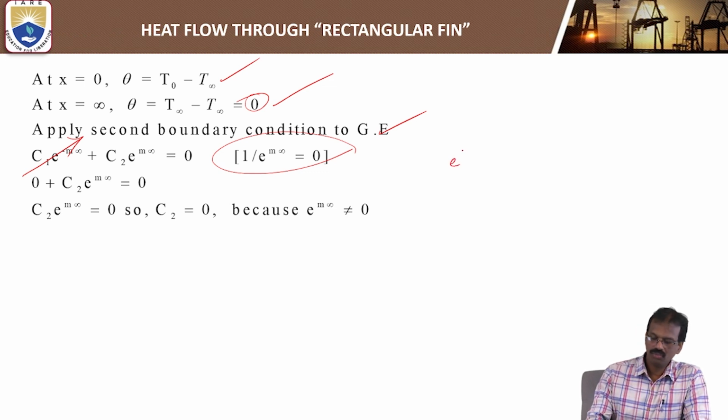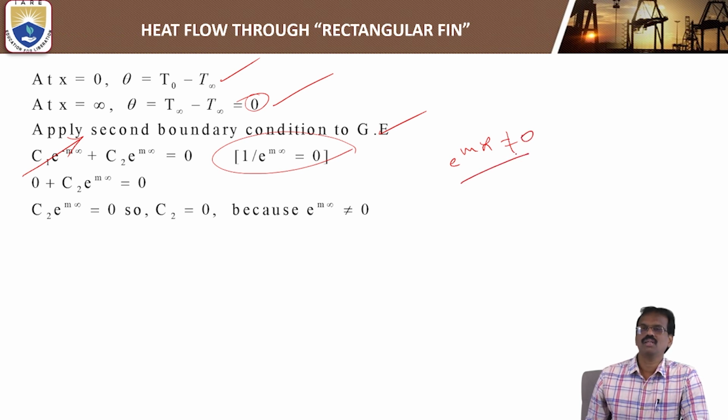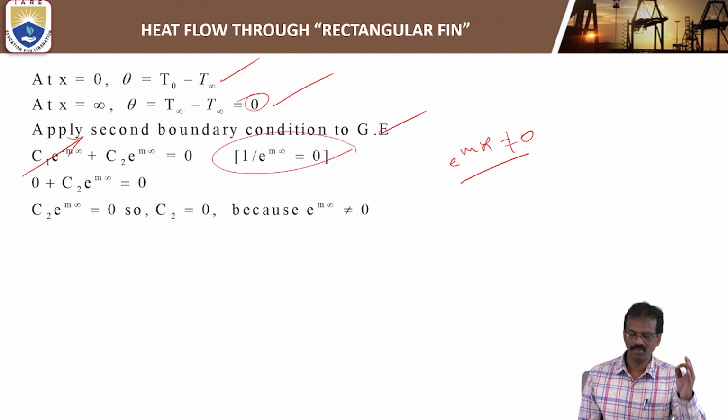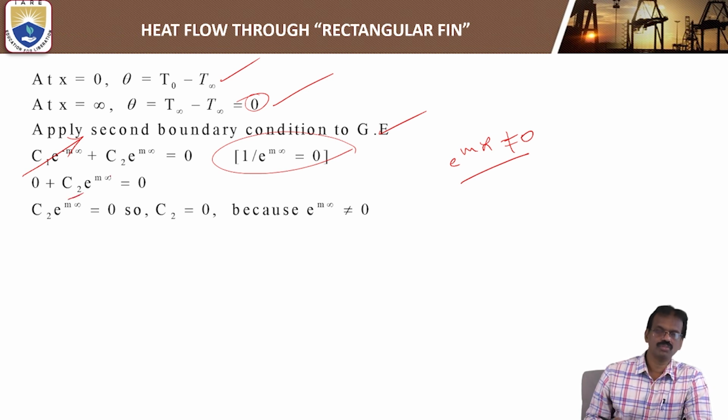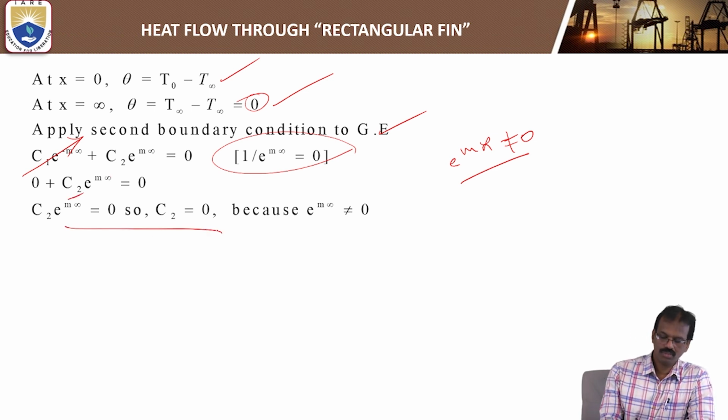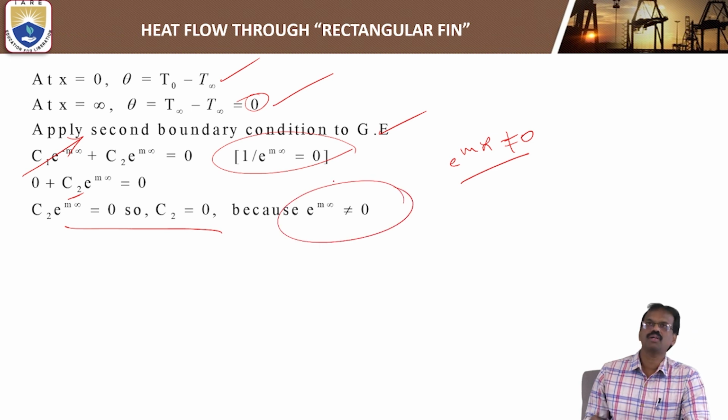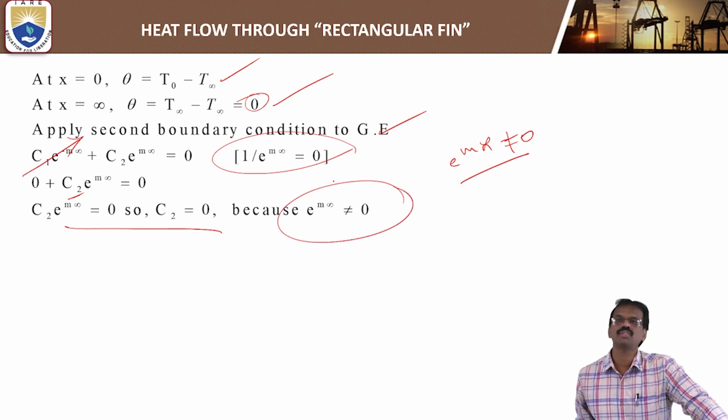You know that e to the power of m infinity is not equal to 0; it has some value. Then automatically you can understand that C2 is equal to 0, because e to the power of m infinity is not equal to 0.